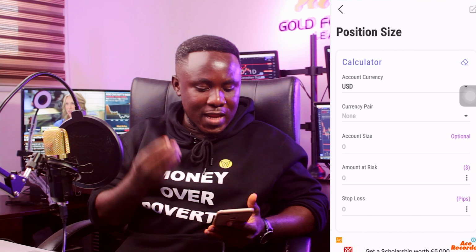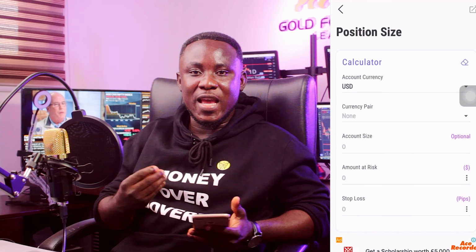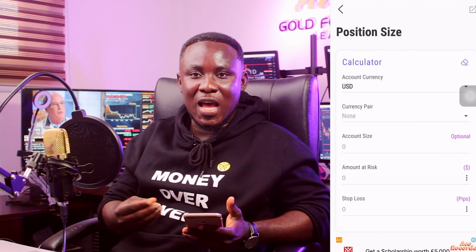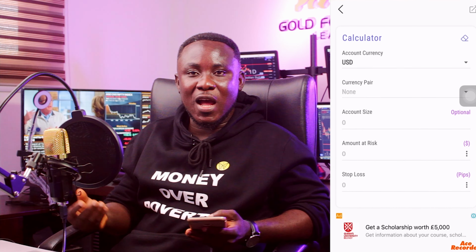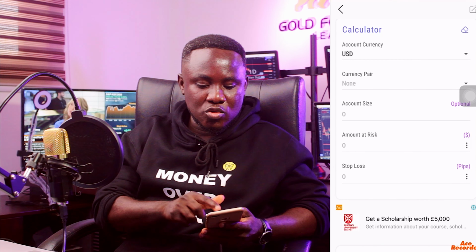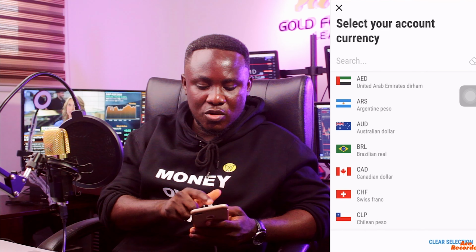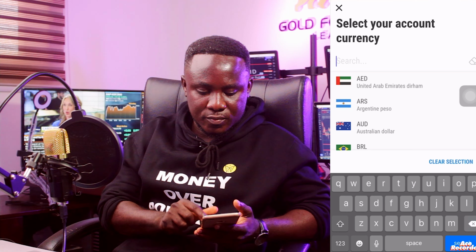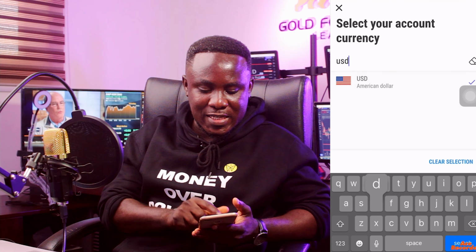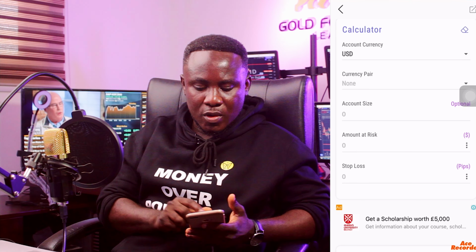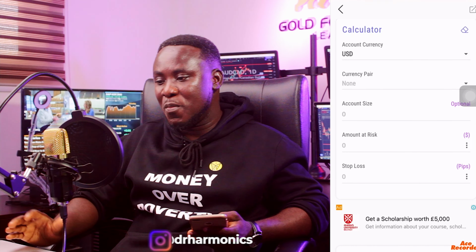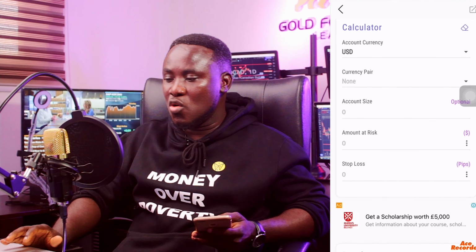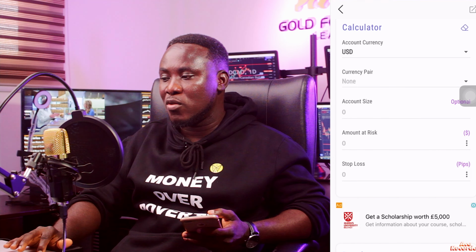Then the account currency is the currency that you are using to trade. So let's say you open a dollar account with any broker. So the account currency will be United States dollar. So you type USD. The currency pair, for the purposes of our illustration, we're looking at euro to the pound.